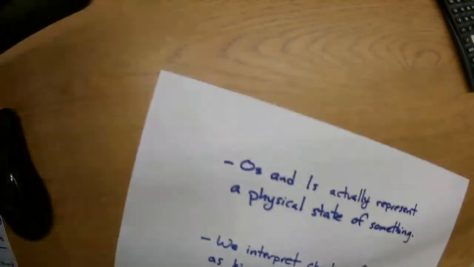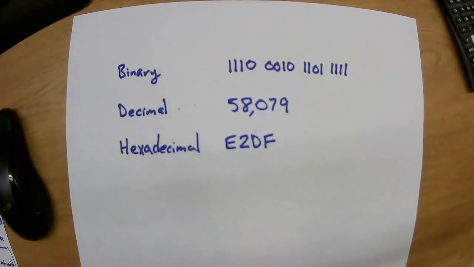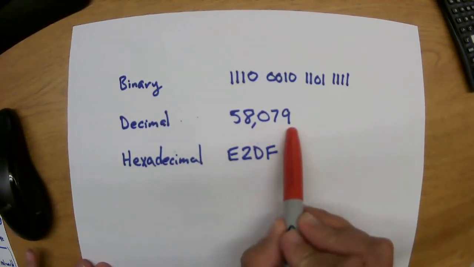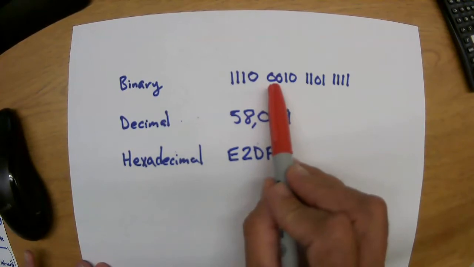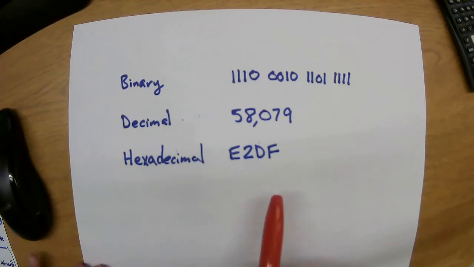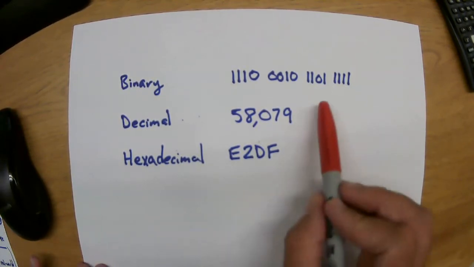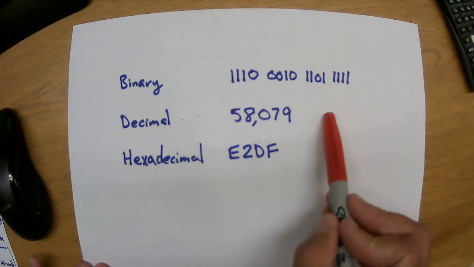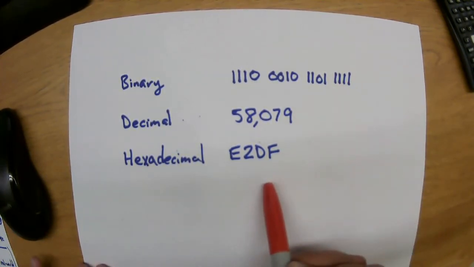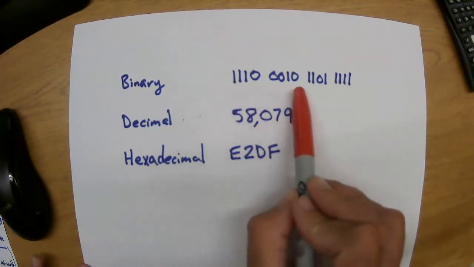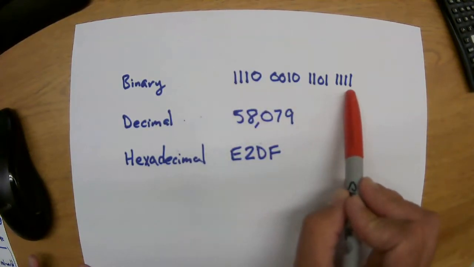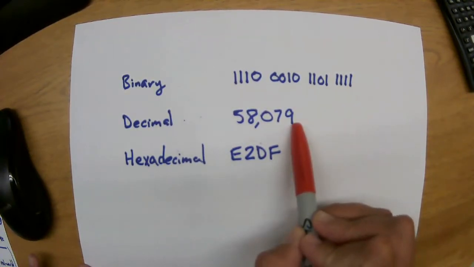So let's go ahead and take a look now. I took the decimal number 58,079 and I wrote it out here in binary and in hexadecimal. And you should see something, right? The more symbols we have to express a number, the more compact it gets. Computers work with binary circuitry, so it's very important that we can think about things as binary numbers rather than decimal numbers.